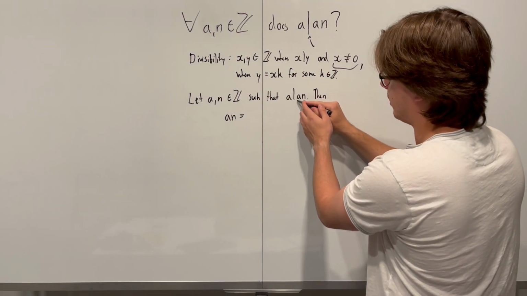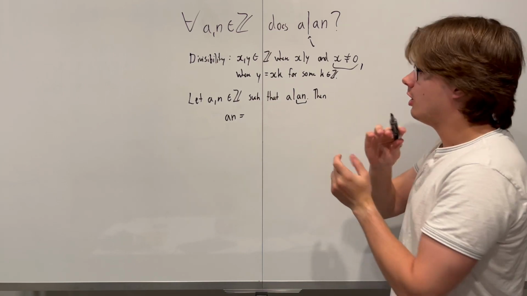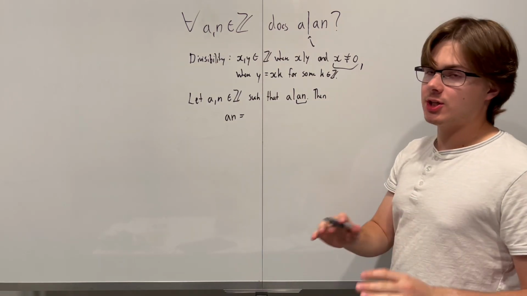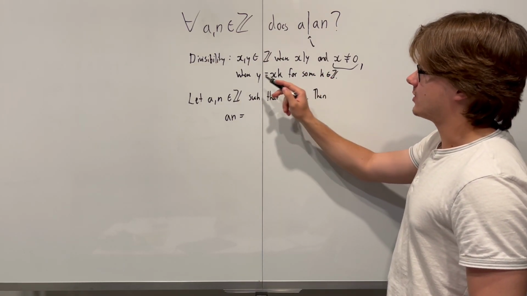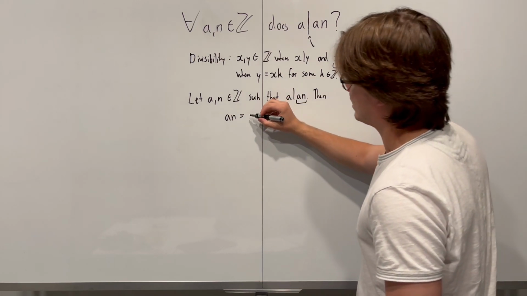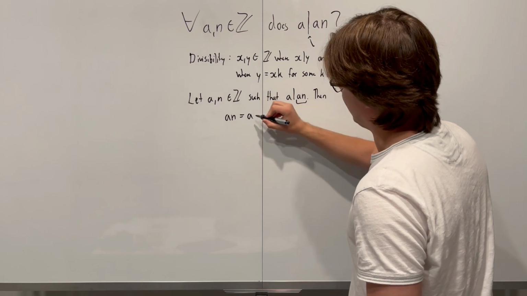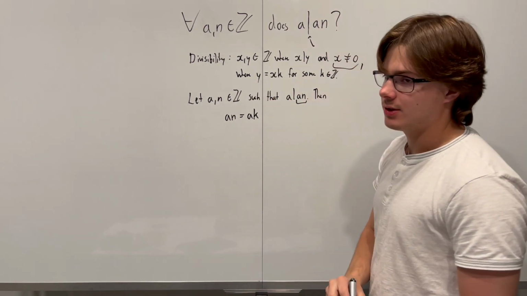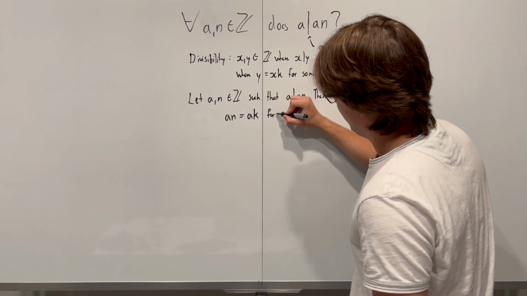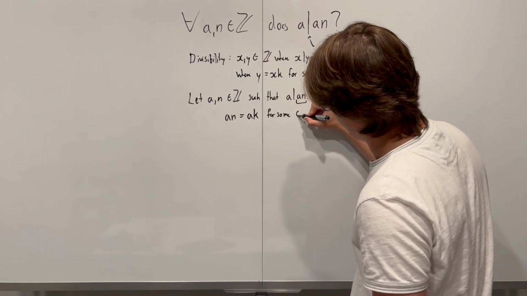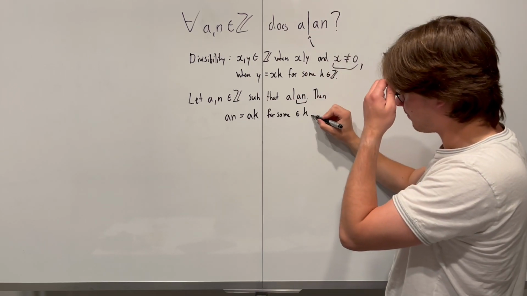It doesn't matter that the right-hand side contains a. Remember, our definition just says the right-hand side, whatever it is, has to be a multiple of the left-hand side. So we can say an, the right-hand side, must be the left-hand side, a, multiplied by some integer k. So we have to say for some integer k.